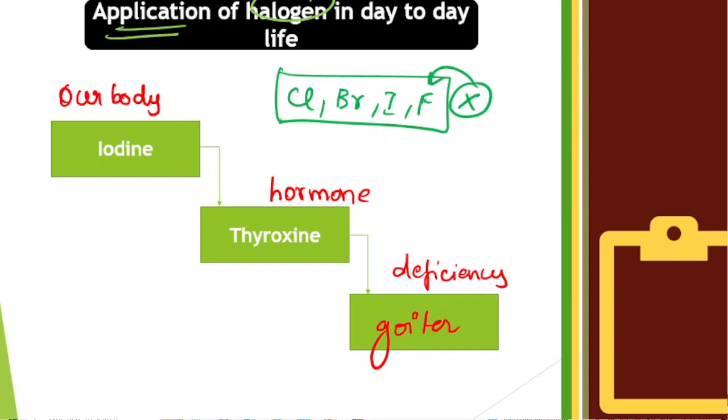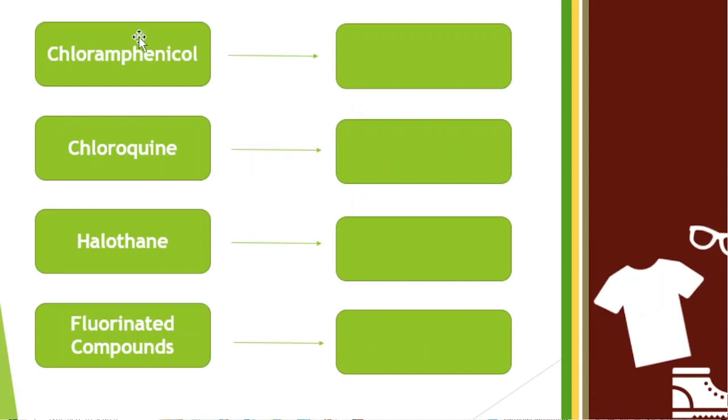Clear? Similarly, if you come here, chloramphenicol. Chloramphenicol is extracted from a microorganism. This one is helpful for treating typhoid.